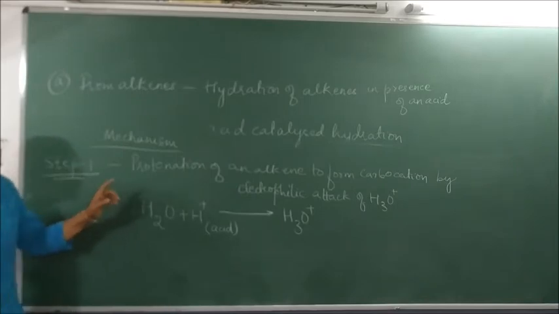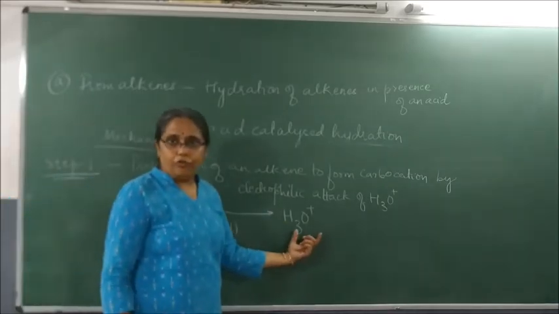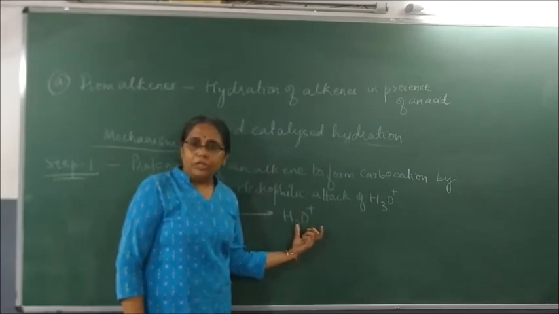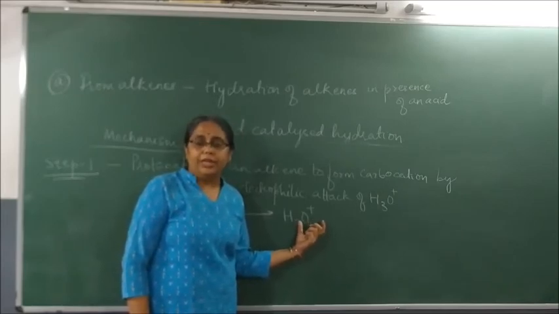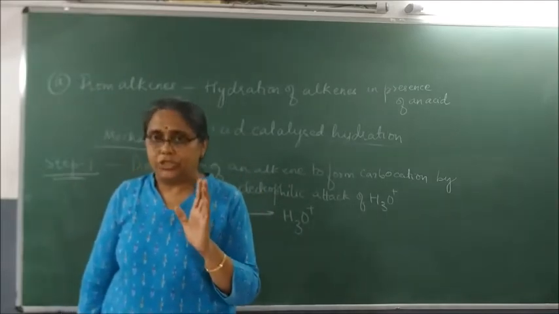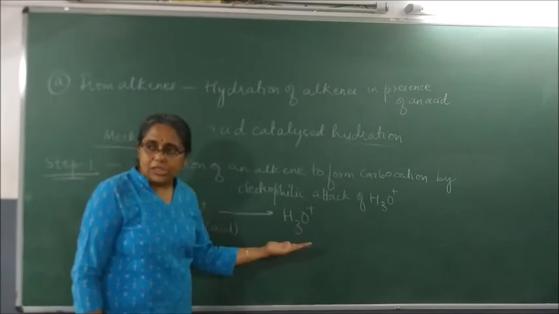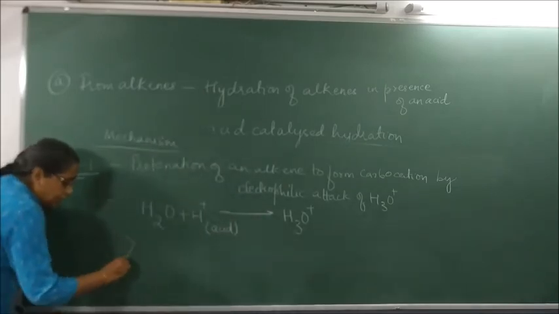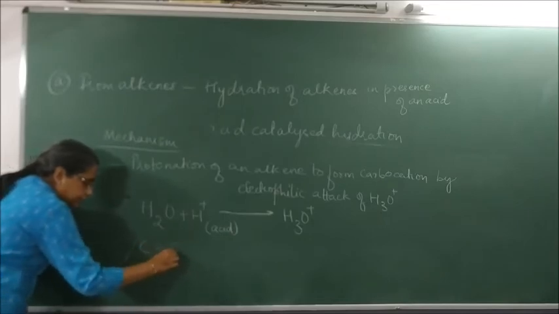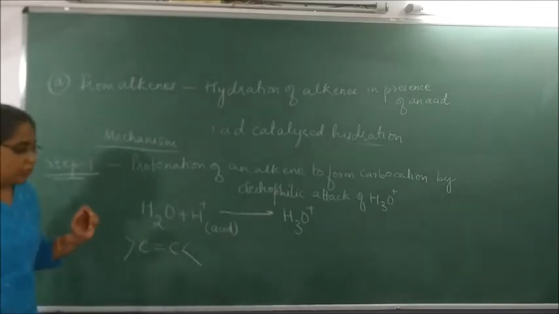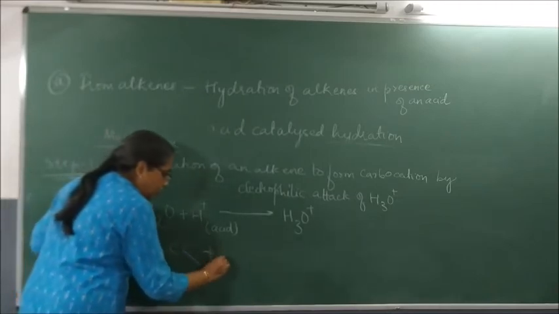Clear till here? This is my electrophile. You know what electrophiles are? Electron loving. Positive species are called electrophiles. Haloalkanes and nucleophilic reactions were nucleophilic reactions; these are electrophilic reactions. Now I will take an alkene. This alkene will now react with H3O plus.